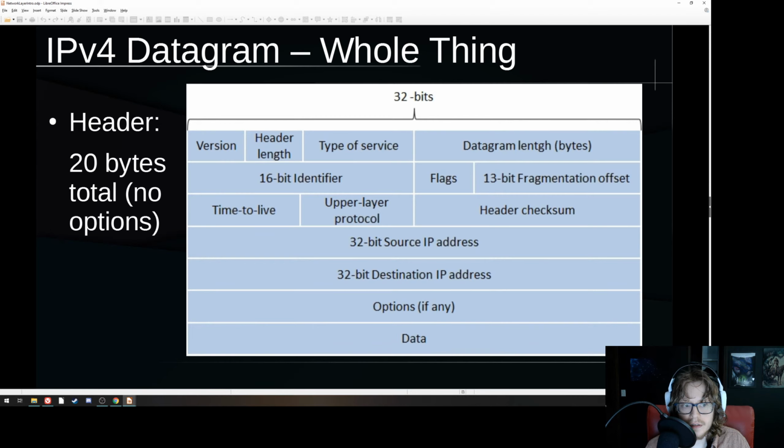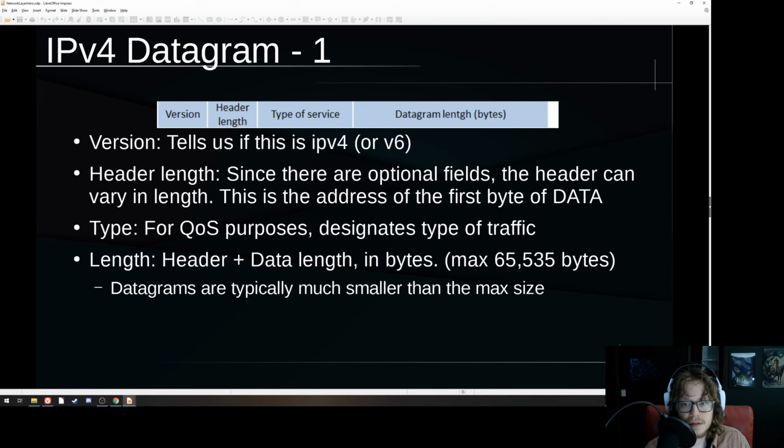So it could just say 21. That would be the default because there are 20 bytes in the header. So byte 21 would be the first byte of data. Or if there are other options, it could be 42 or 54. It depends how long the options run. All right, so that tells you what the first byte of data is.